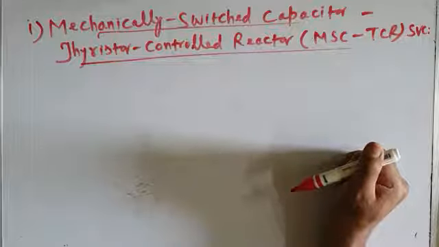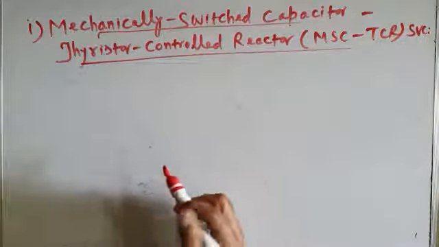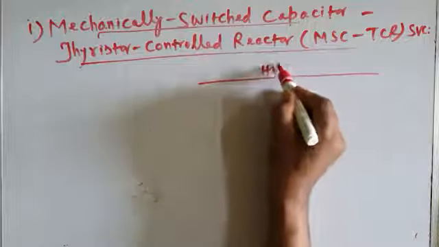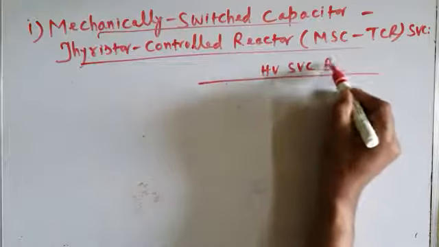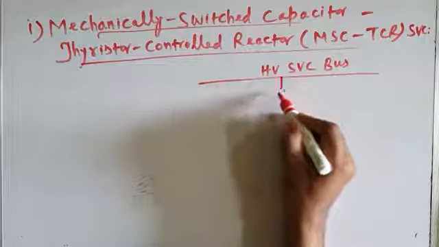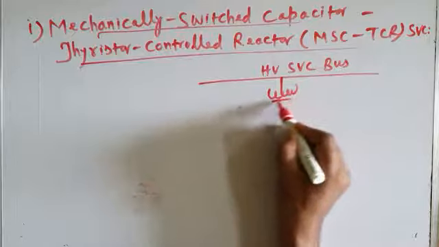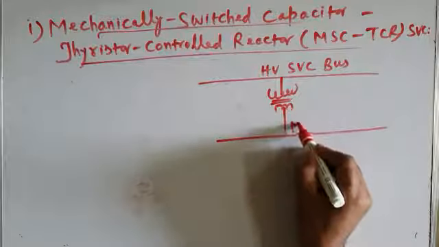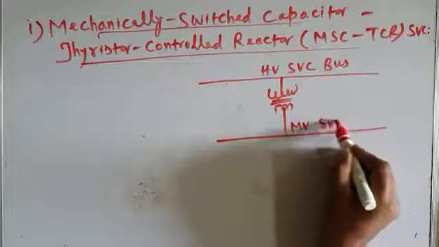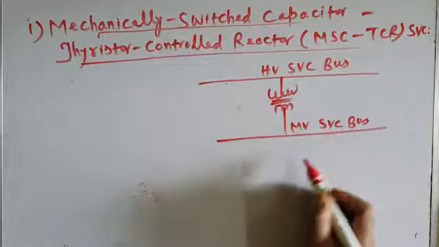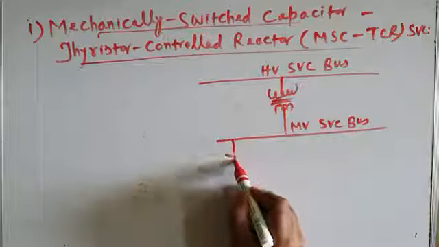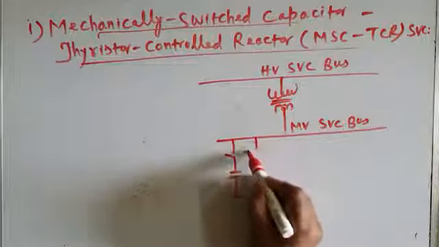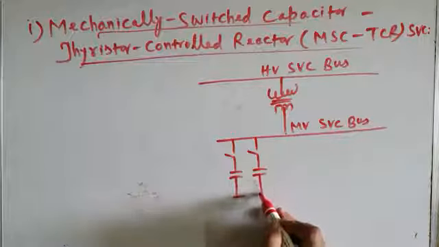Okay. Now the configuration of this SVC is like this. This is our high voltage SVC bus, or high voltage compensator bus also we can say. Then we have a step down transformer like this. This creates the medium voltage compensator bus, medium voltage SVC bus. And to this medium voltage SVC bus we are connecting mechanically switched capacitor banks like this. Maybe more than one capacitor bank connected in parallel.